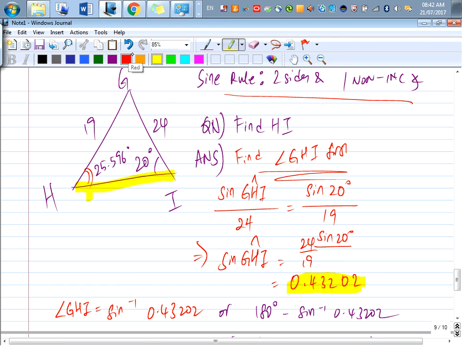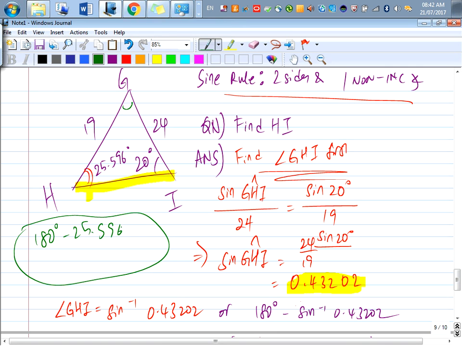That will give me 180 minus 25.596 minus 20 equals, my angle not drawn to scale. Okay, so this is the angle that I'm expecting, 134.404 degrees.